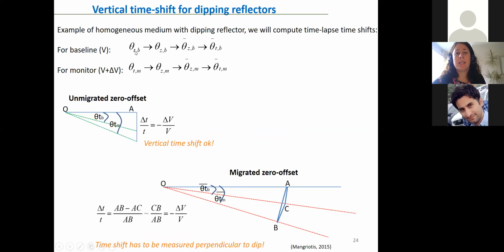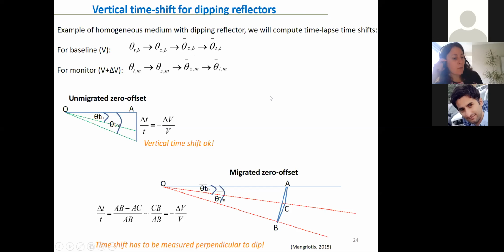So these T's and Z's are time domain and depth domain, and I can define it for my baseline, for my monitor, for pre-migrated data, so those are these thetas, and also for post-migrated data, okay?